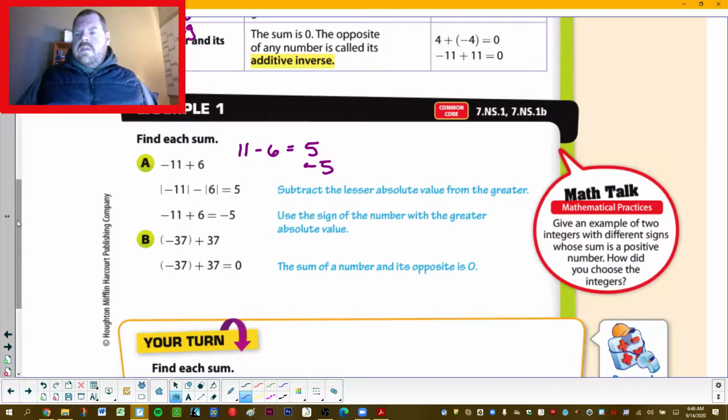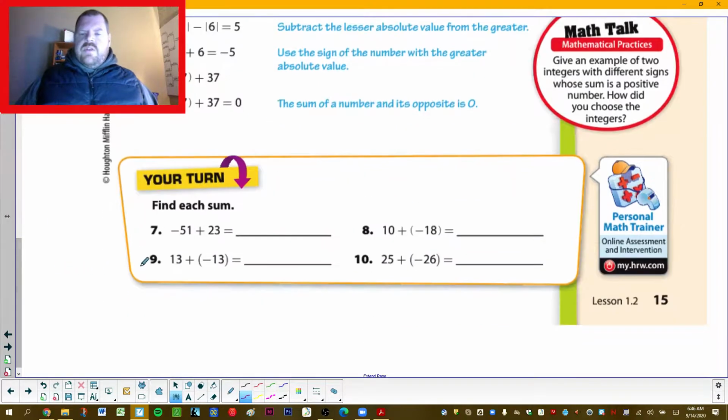Okay? Let's finish off with these your turn problems. All right. So we start off with kind of a doozy here. We have negative 51 and positive 23. Visualize this how you want to.